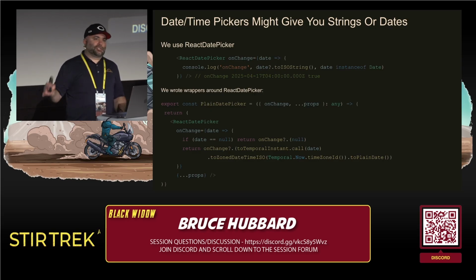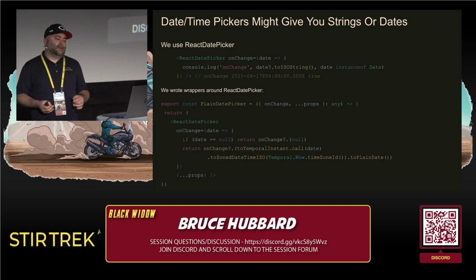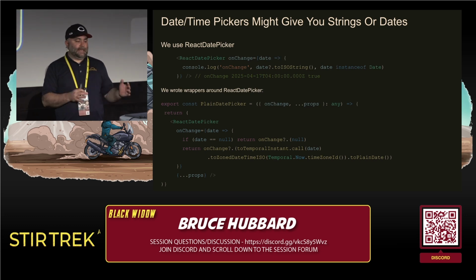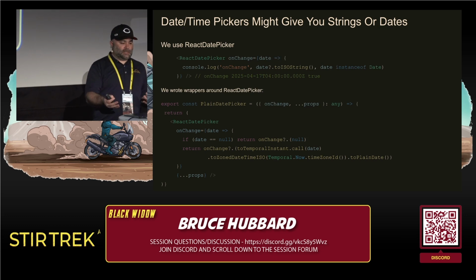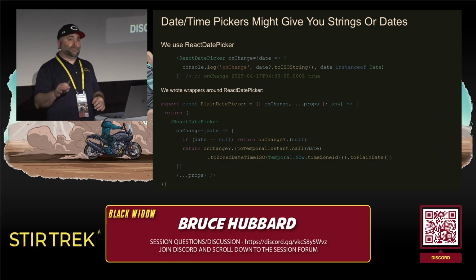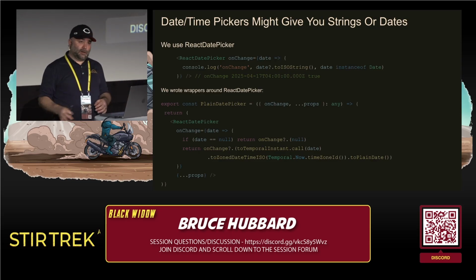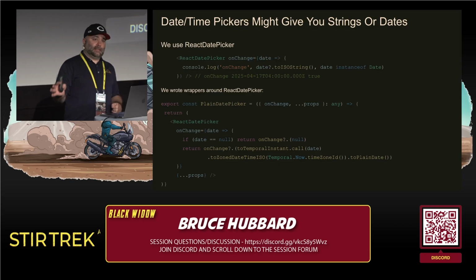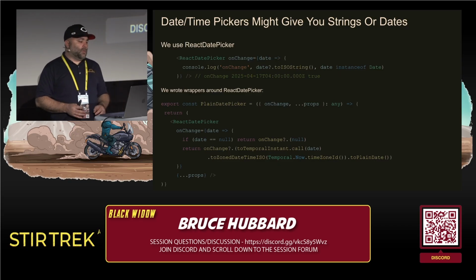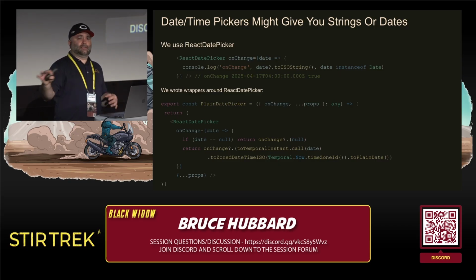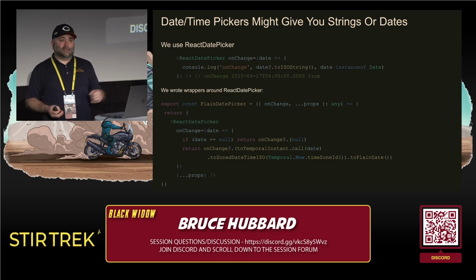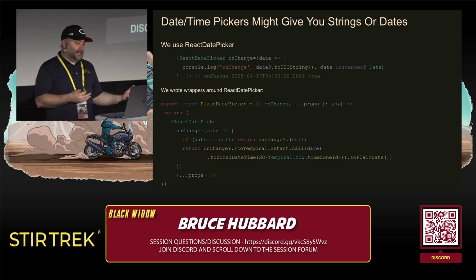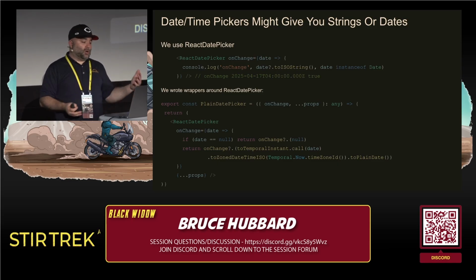So we wrote little shims around most of that stuff that does all the converting from a date into the actual temporal objects. That way our developers can just use this date picker, in this case a plain date picker, without having to deal with dates. They can pick up this component and implement on change, and in their on change they'll get a plain date object.